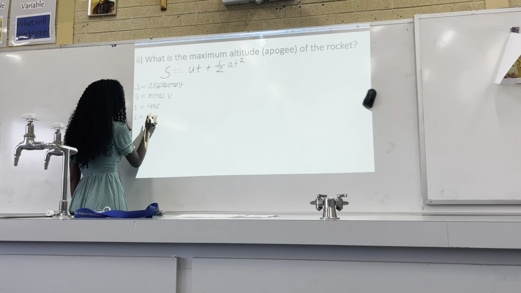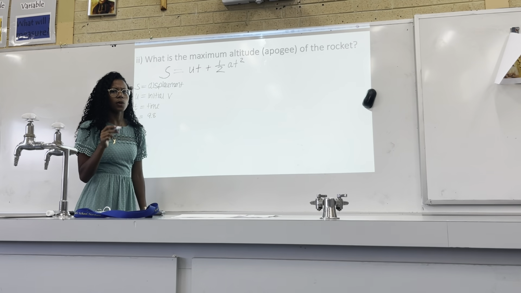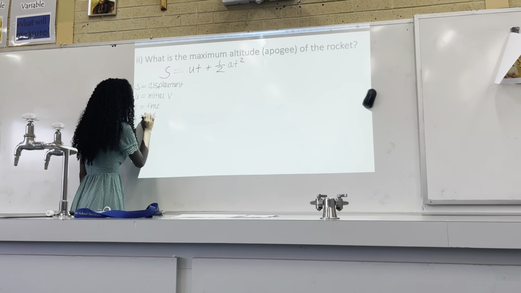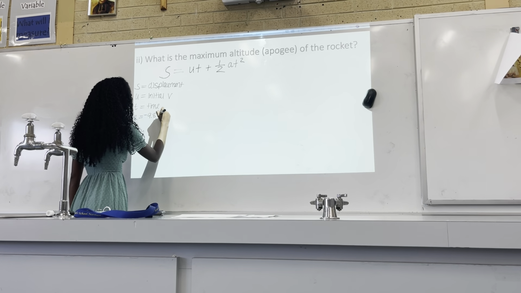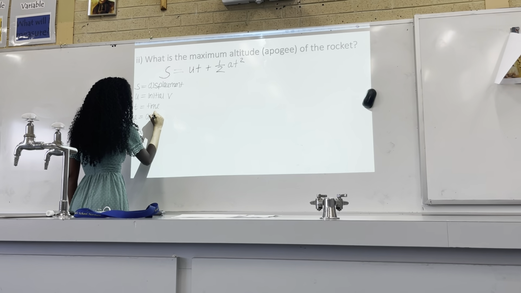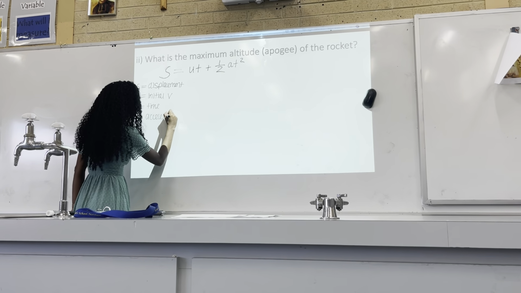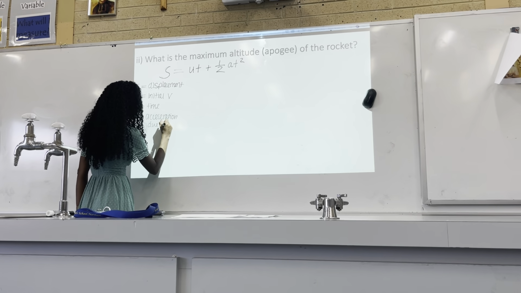A is still 9.8, and I don't know if I mentioned it when I was doing the last question, but it is negative 9.8 meters per second squared, the acceleration due to gravity.